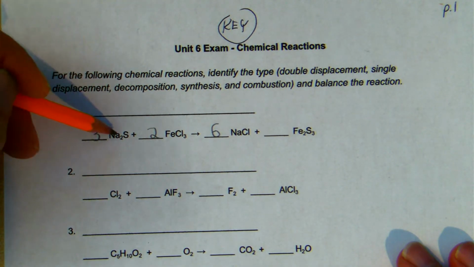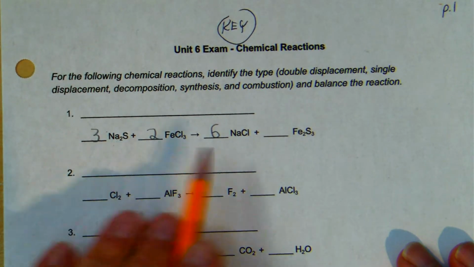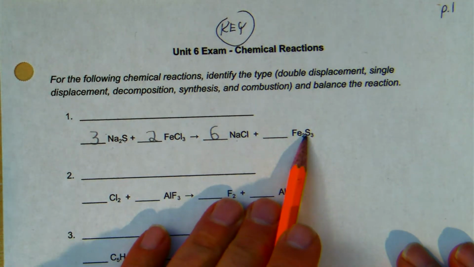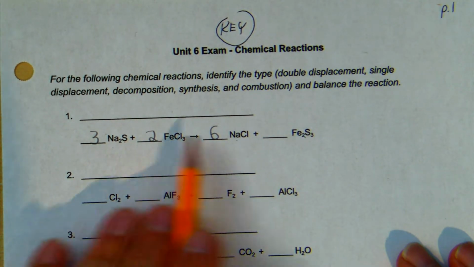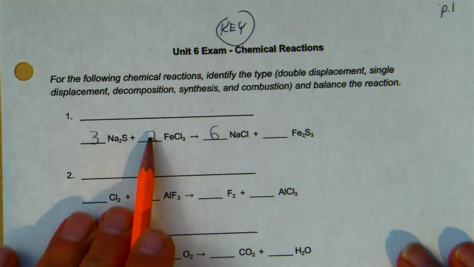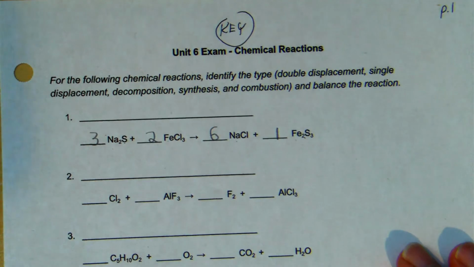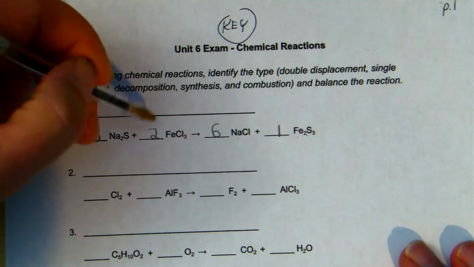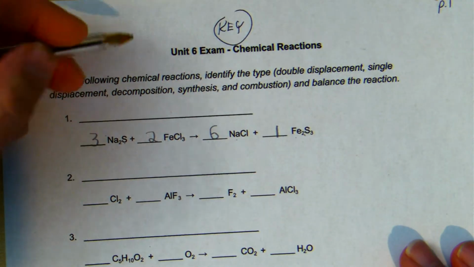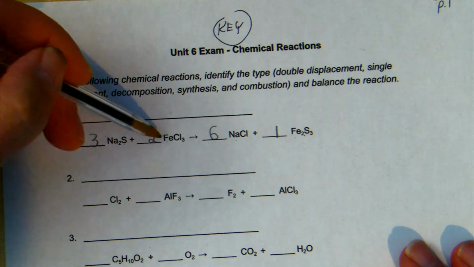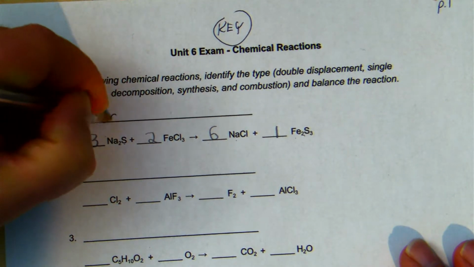That means I have 6 sodiums on the left, 6 on the right, 3 sulfurs on the left, 3 sulfurs on the right, 2 irons on the left, 2 irons on the right, 6 chlorines on the left, 6 chlorines on the right. This equation is now balanced with coefficients 3, 2 yields 6, 1. And the type of reaction I would classify it as a double displacement.